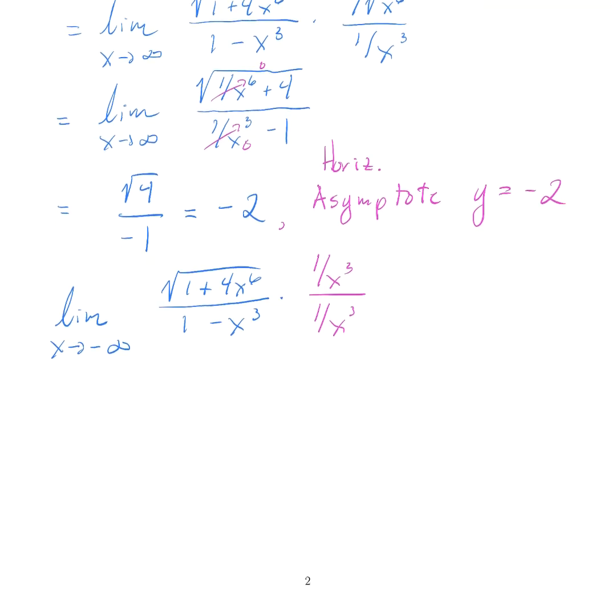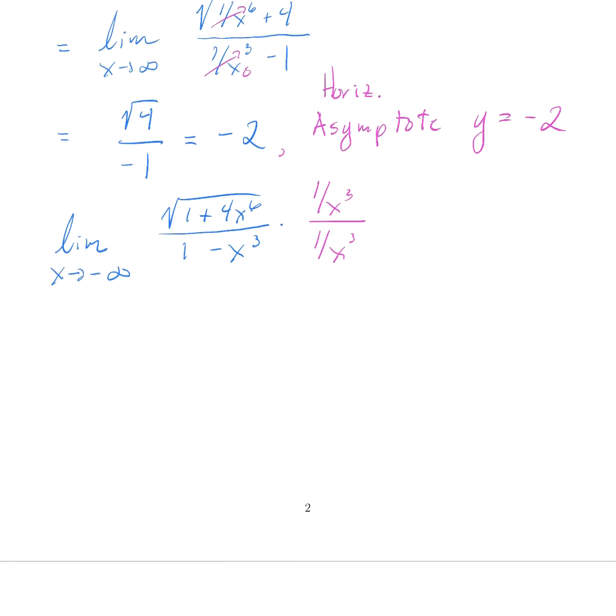Okay, we have to do the same thing now for as x approaches negative infinity. And now here we do have to think a little bit. As x approaches negative infinity, 1 over x cubed is less than 0. Right? X's are negative, cube them, they're still negative.